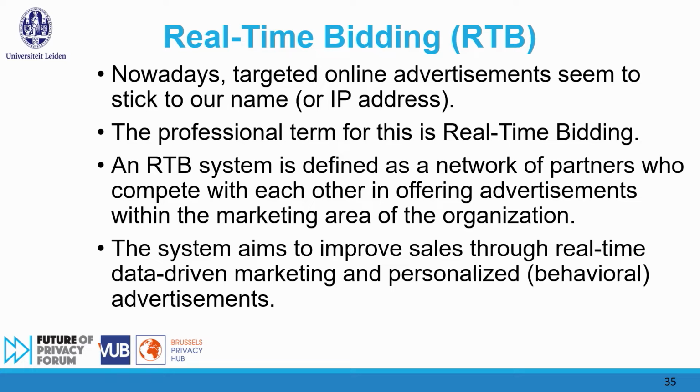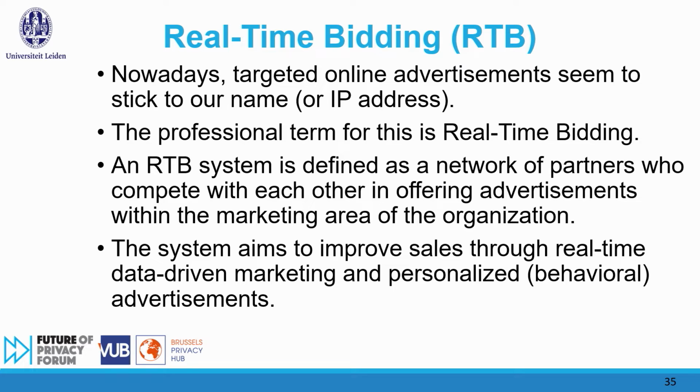So the professional term, or actually definition for real-time bidding, would be an RTB system. It's a network of partners who compete with each other in offering advertisements within the marketing area of the organization. And this fits well into the concept of the ad exchange that Adam introduced.